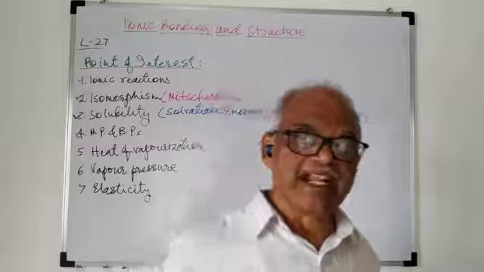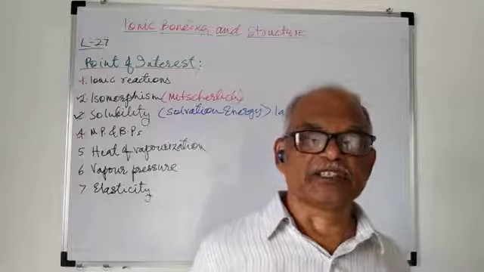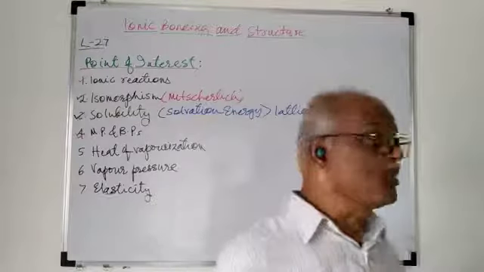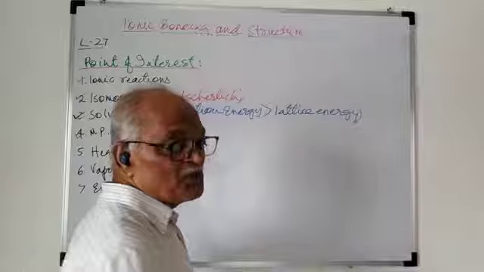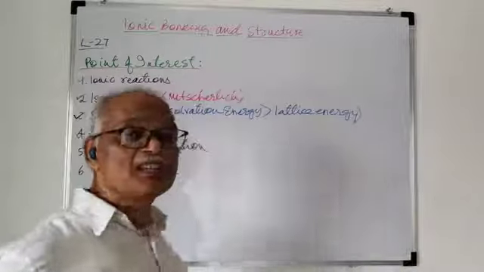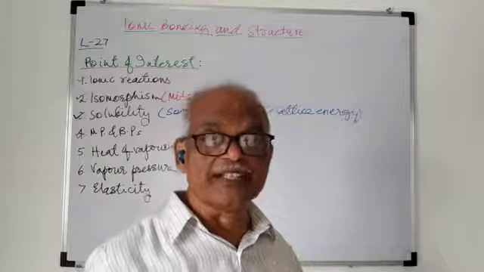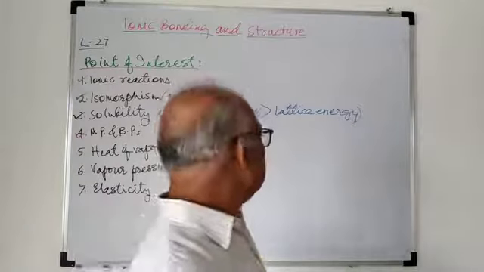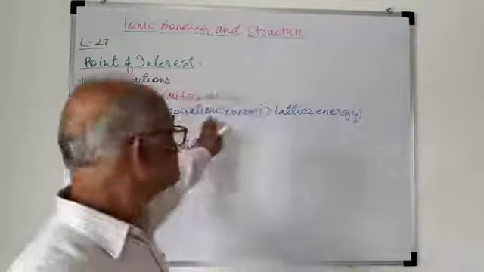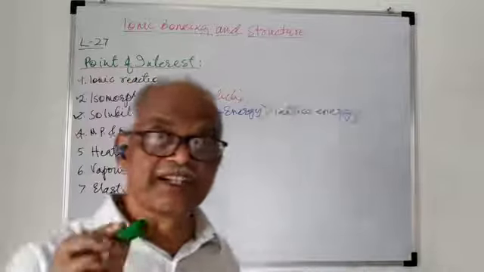When we add some salt to this polar solvent like water, then it gets ionized. This is because the solvation energy is much higher than the lattice energy of the solid. So the ionic solid has lattice energy, and the solvent has solvation energy.